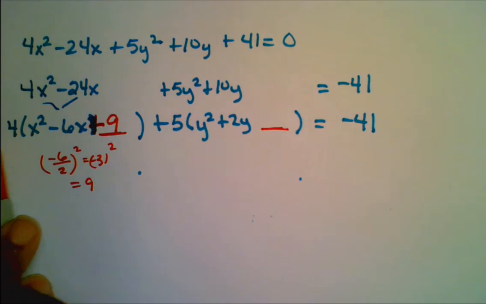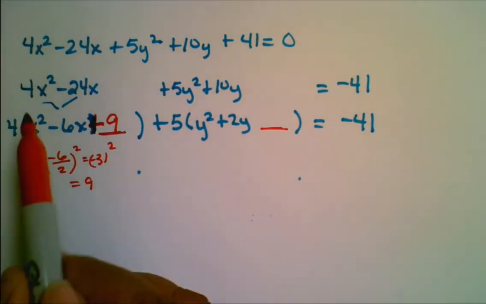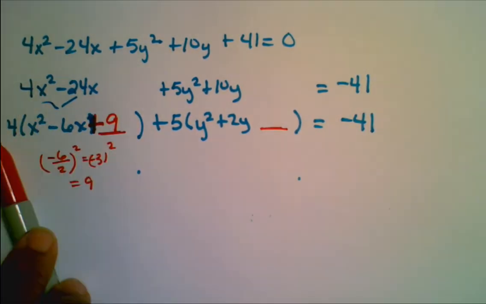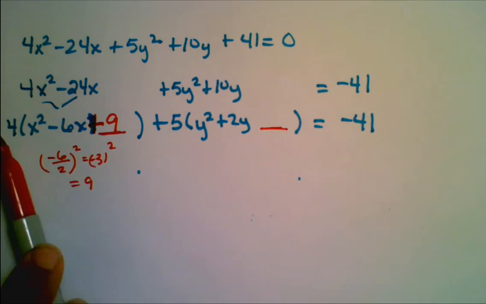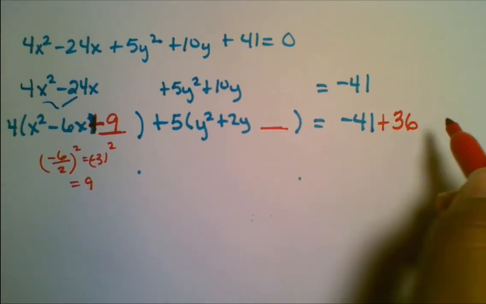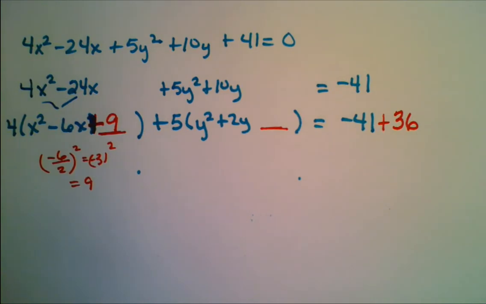But we have this 4 that's outside this parenthesis. So what you're going to do is take this 9, because had I distributed this 4 to every term, we would have to multiply the 4 to the 9. So we're going to add 36 on the right-hand side, because 4 times 9 gives us 36.